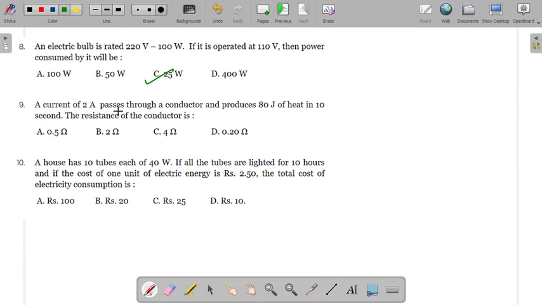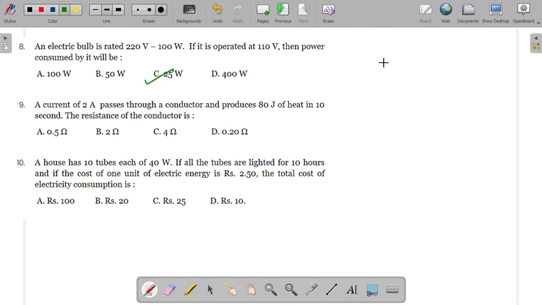A current of 2 ampere passes through a conductor and produces 80 joule of heat in 10 seconds. The resistance of the conductor is?